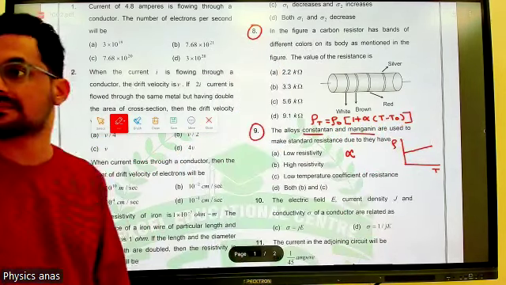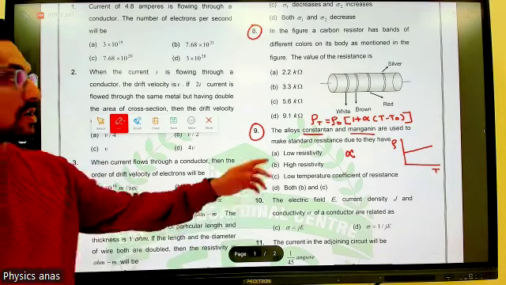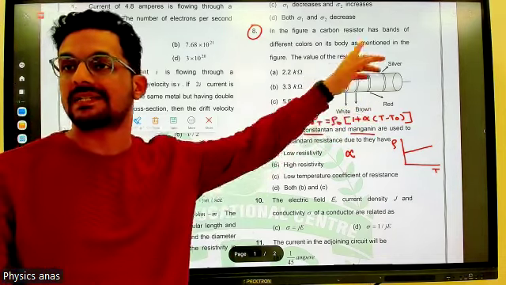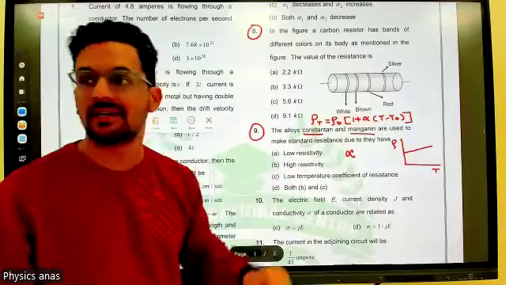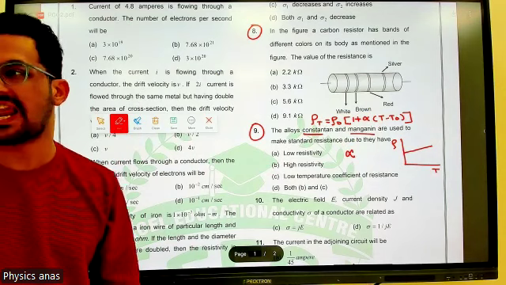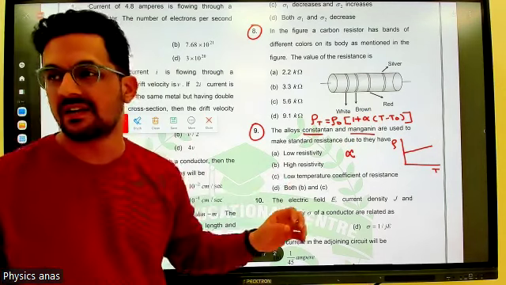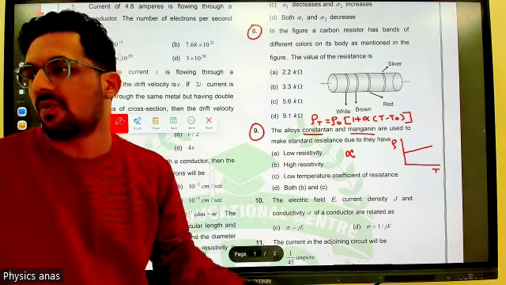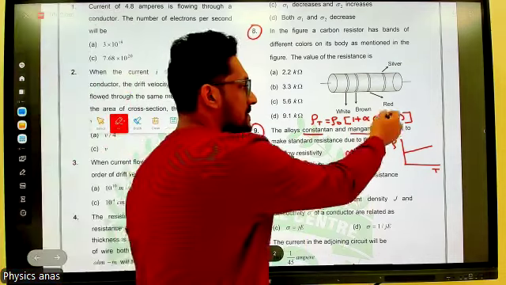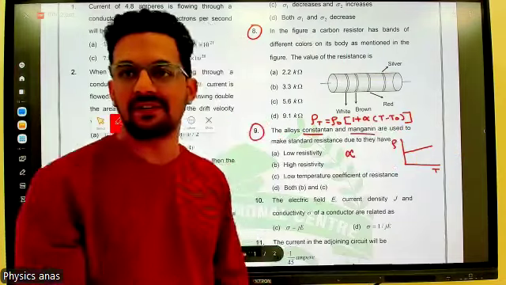Remember this equation? For alloys, the temperature coefficient is very low.